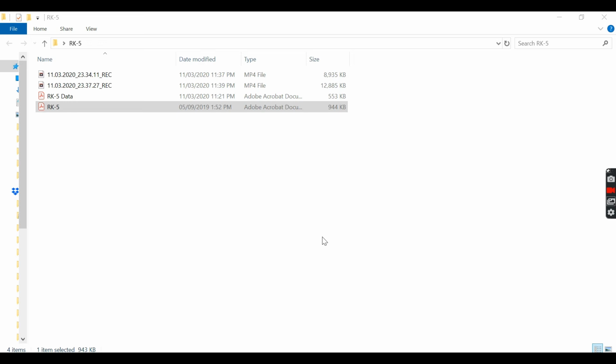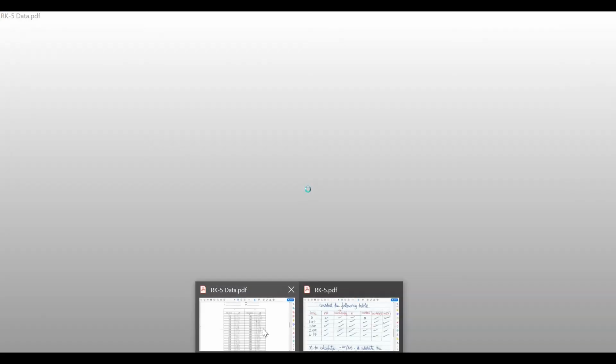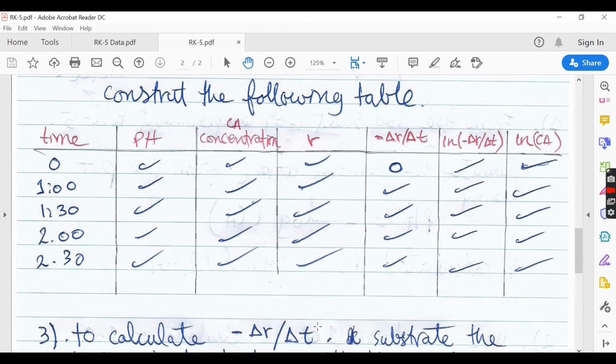So let's get back to the PDF RK5. After calculating the pH, the concentrations, and the R using equation 10, now you have to calculate minus delta R by delta t. How to calculate delta R? It is calculated by subtracting, for example, the R at 1 minute minus the R before it.